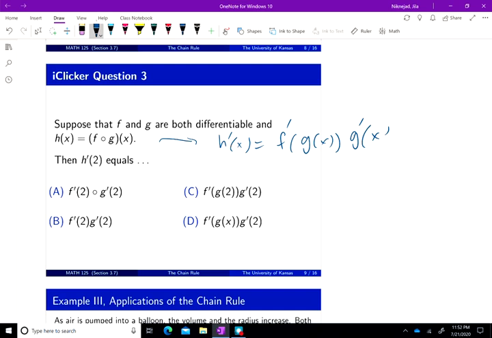So plug in 2 for every x, and you end up with 2, 2, 2, and put your parentheses back in, and that's the answer C.